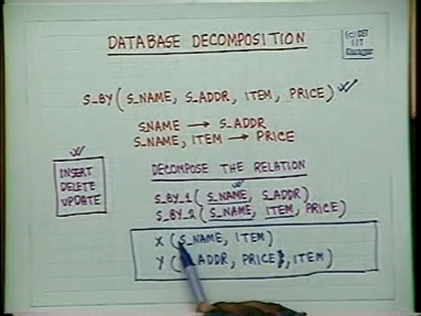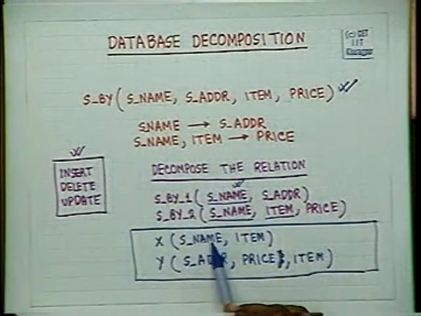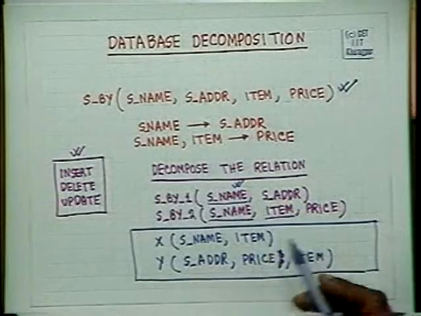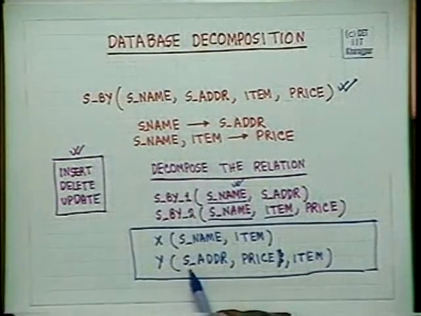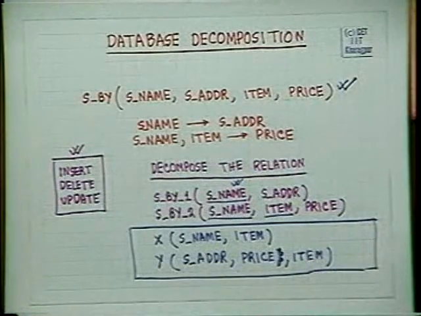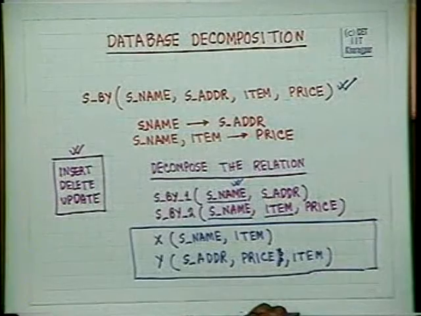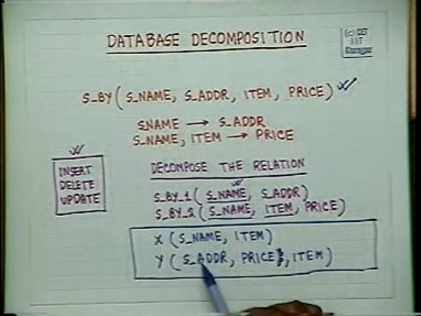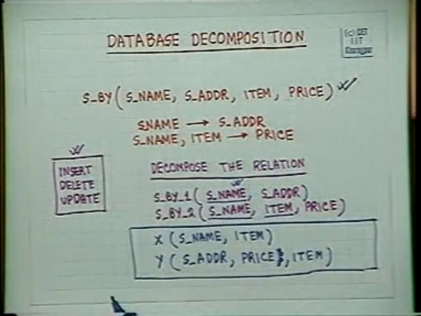Suppose Vimal is the name of a supplier who supplies item sugar, and this address B57 is the address of somebody who also supplies sugar, which may not be the address of Vimal. If you do a natural join, you are going to get these two matched to each other, which will be something which does not occur in the original relation. So even if the relation has some common attribute, it does not necessarily mean that when you take the natural join, you are going to get back the original relationship.